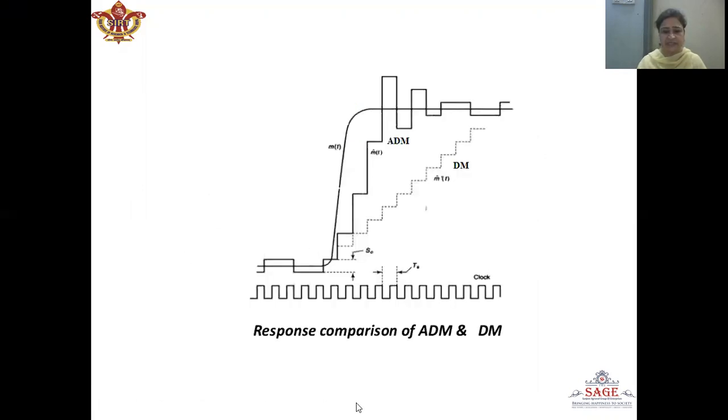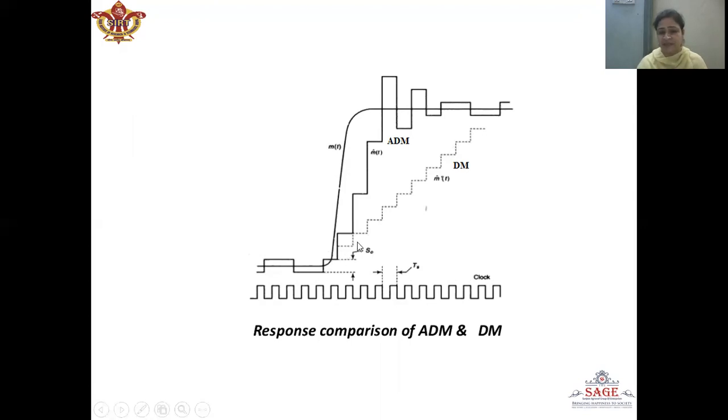Now here we can see the comparison between adaptive delta modulation and delta modulation. Here we have a message signal. In this region, we can see that there is a steep slope of the message signal. That means the message signal shows a rise in the amplitude. So in the case of delta modulation, what happens?